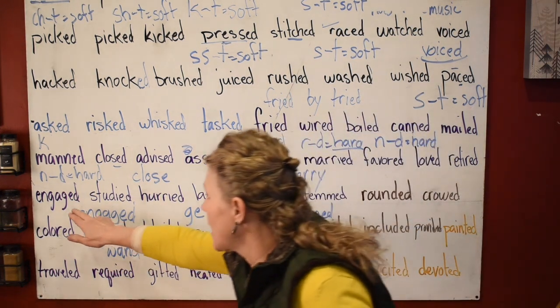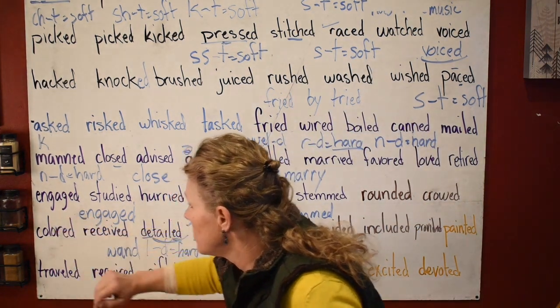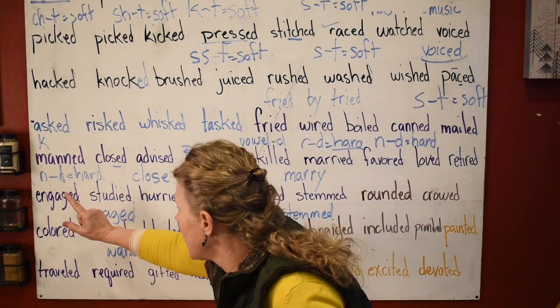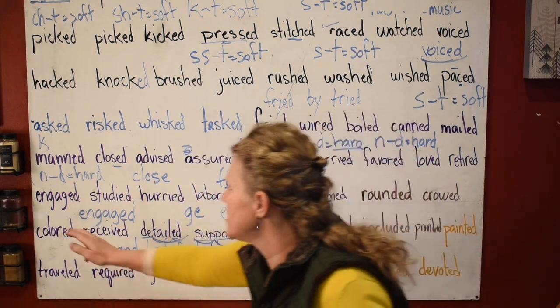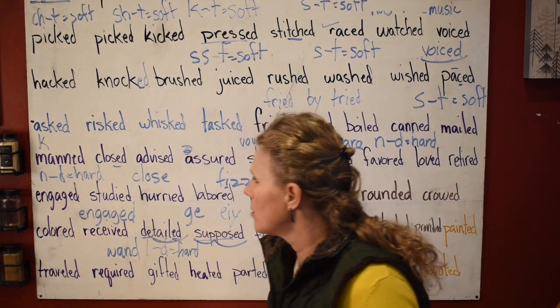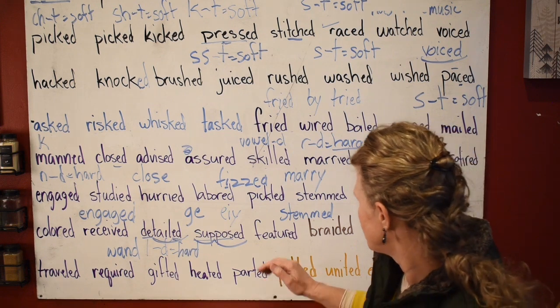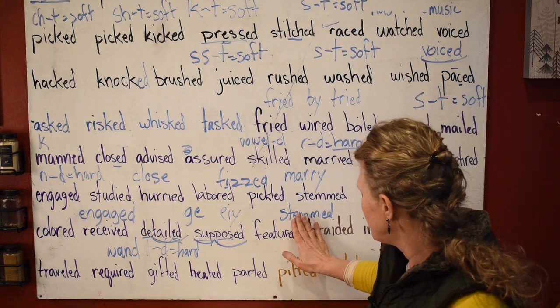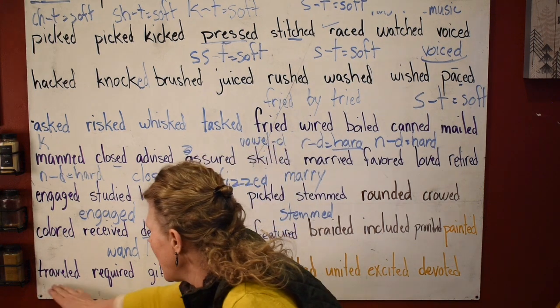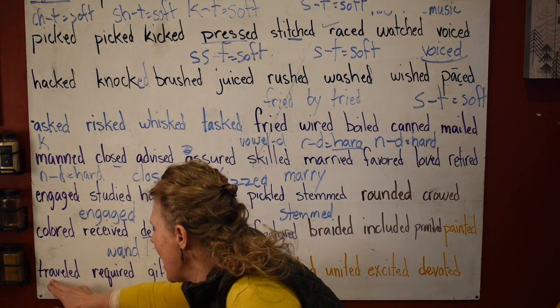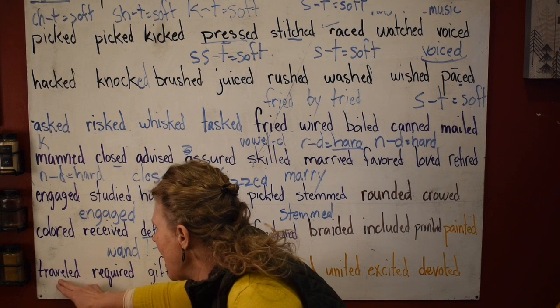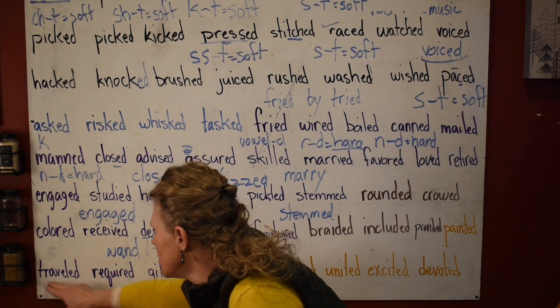It will switch that back to saying g because it has to have an E, I, or Y. So if we say engageable, you have to keep the E there. Feature, featured, travel, traveled.